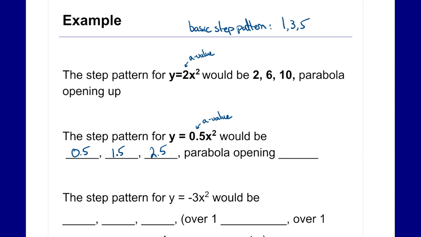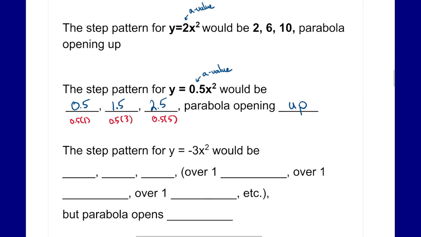So that means we go over 1, up 0.5, over 1, up 1.5, over 1, up 2.5. And the parabola would be opening up because it is a positive value. So that we should remember from our previous lesson, but the step pattern will be new. Next, we can put below, if we want, 0.5 times 1, 0.5 times 3, 0.5 times 5.